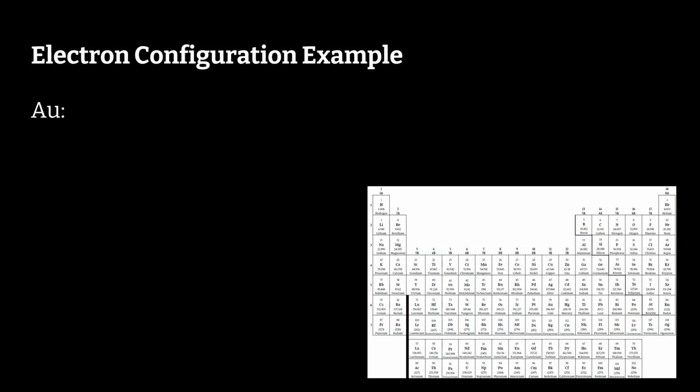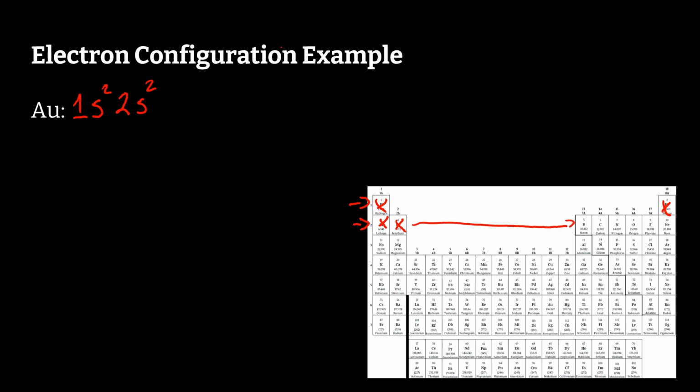Let's go ahead and take a look at our Au. So looking at our gold. Starting in energy level 1, S block can hold 2 electrons. Energy level 2, S block can hold 2 electrons.